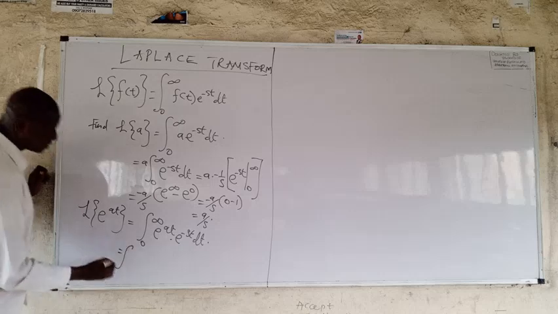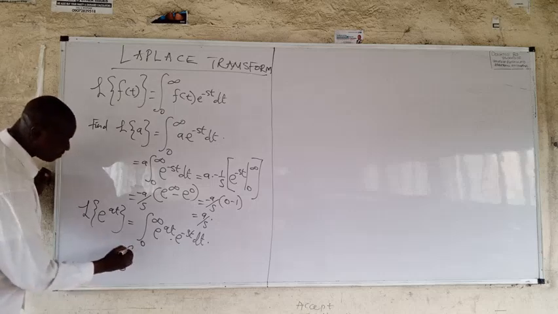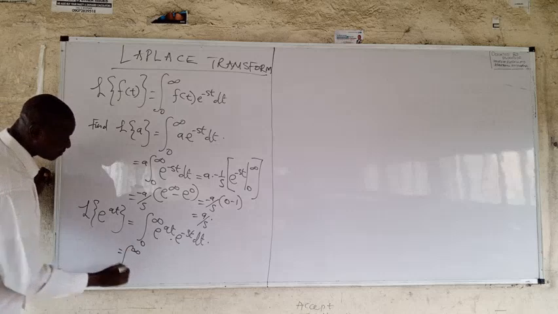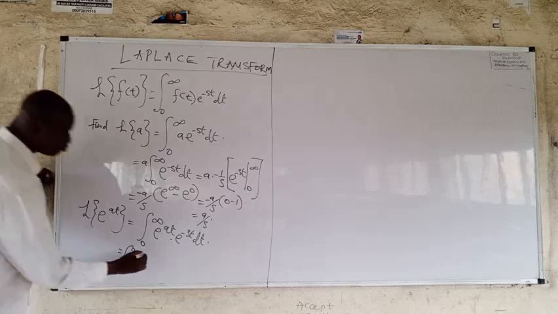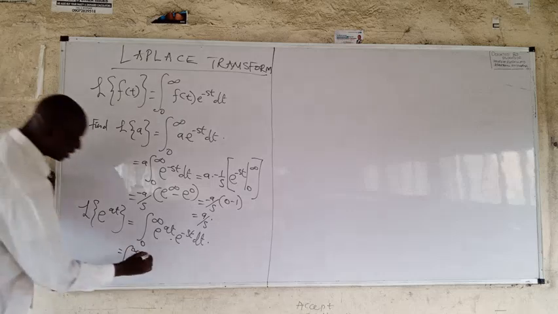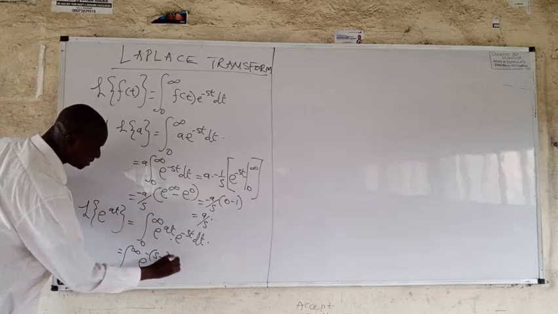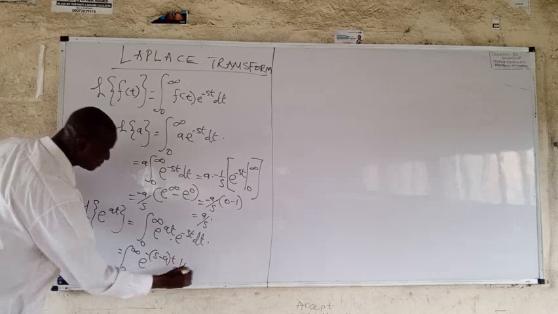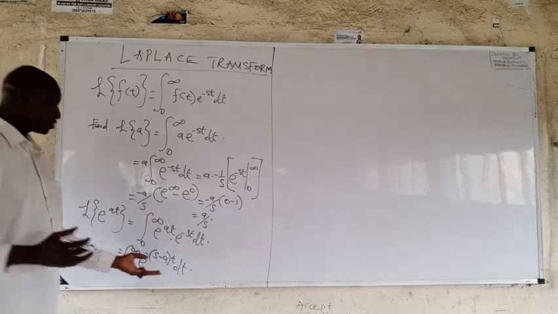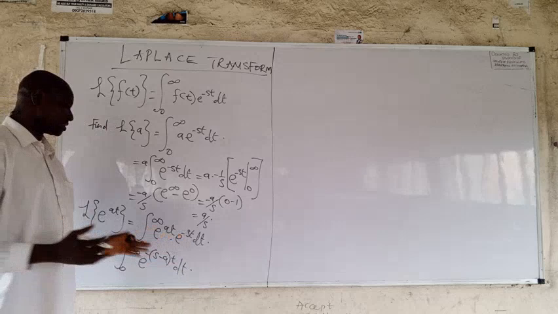So what do we have here? Firstly, we get the expansion, and the expansion gives us exponent minus s minus a, bracket t. That is collection of like terms. T is collected out.